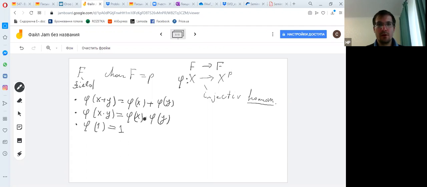I'm sorry, no, there is no such axiom as phi from 0 equals 0, and this follows from the first. But phi from 1 equals 1 is not correct, because there is a homomorphism where the whole field goes to 0, and it's a correct homomorphism.